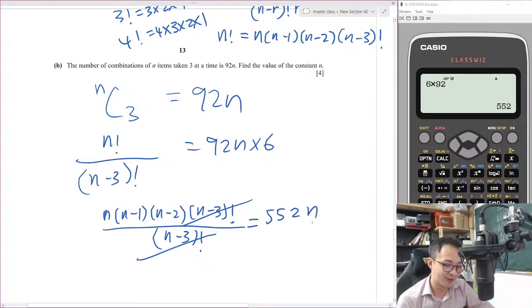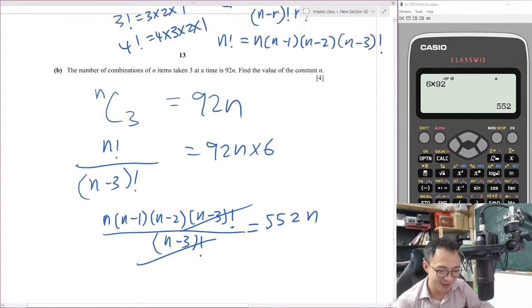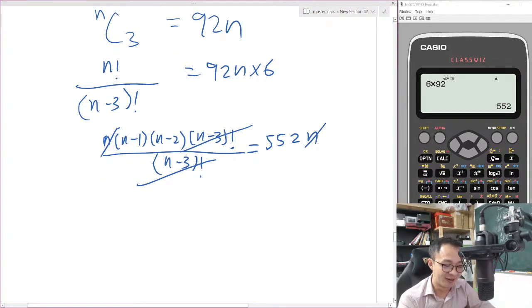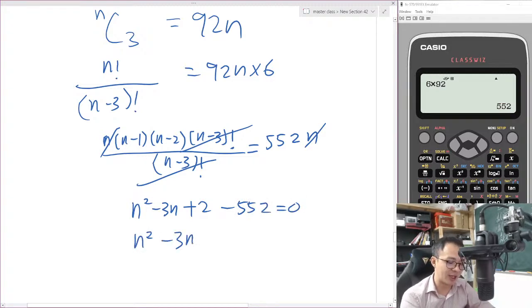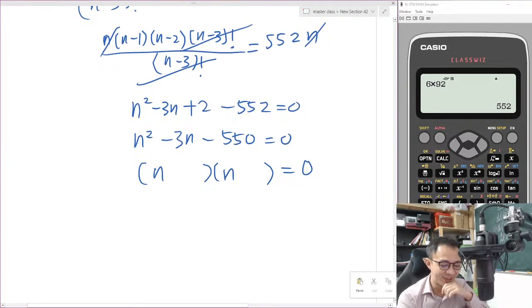552n. So I need to solve this. Luckily I have n on both sides for me to solve like this. Alright, so then I have n squared minus 3n plus 2 minus 552 equals 0. So you know that you need to solve this one, right? n squared minus 3n minus 550 equals 0. I just hate when the numbers get so big.